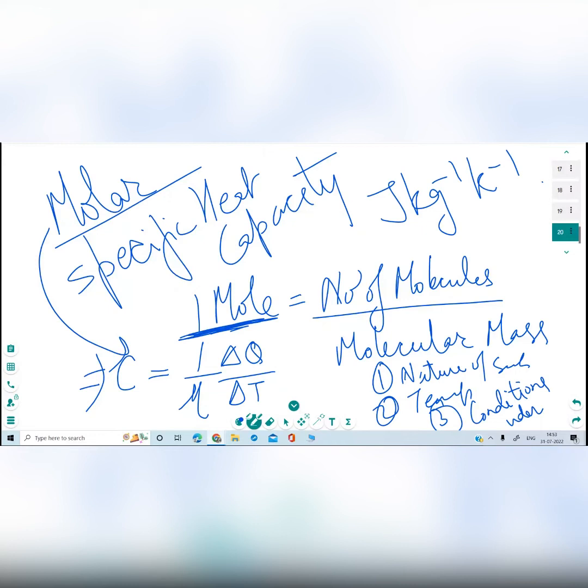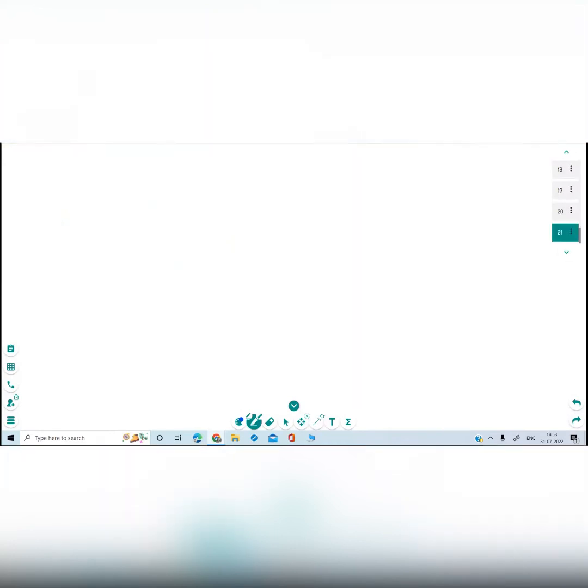Now, when I said it depends upon the condition under which the heat is supplied, this molar specific heat is of 2 types, Cp and Cv. What is Cp?